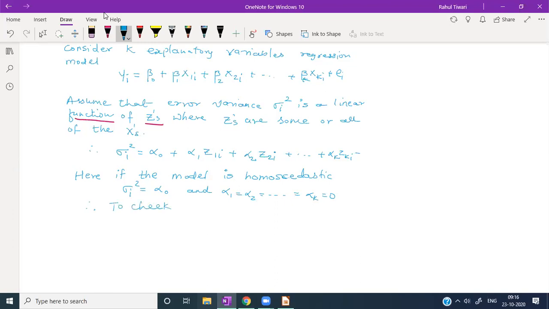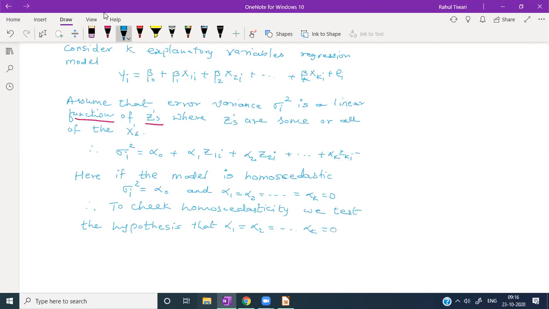Therefore, to check homoscedasticity, we test the hypothesis that alpha 1 is equal to alpha 2 is equal to alpha k is equal to 0.